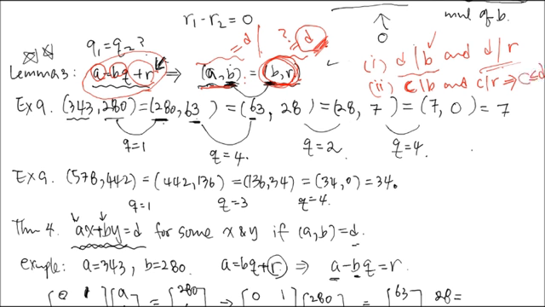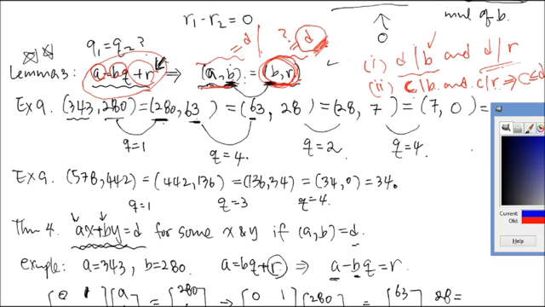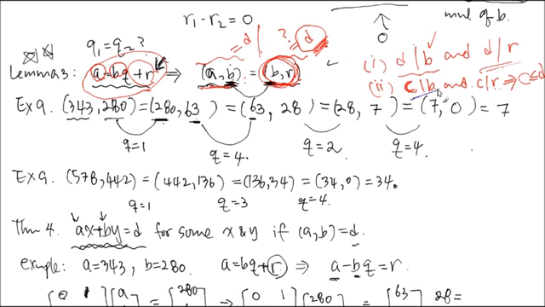So we have this number C, which divides B and divides R. That's given, right? How do you conclude C is less than D? D is about A and B, and C is about B and R. How do we connect them? C divides B and C divides R.